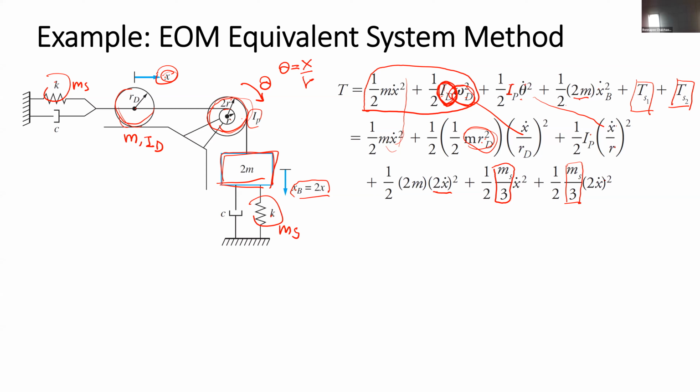And the velocity of the center of mass of the spring is still like 2x dot and x dot. Please check this from our previous lecture, spring mass not neglected.